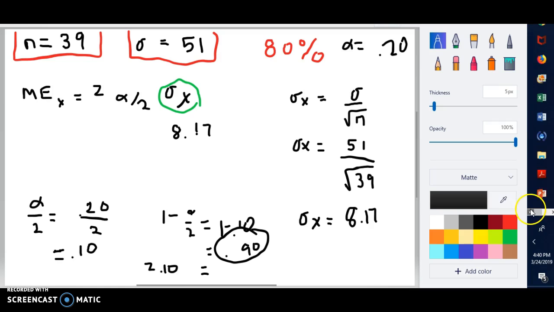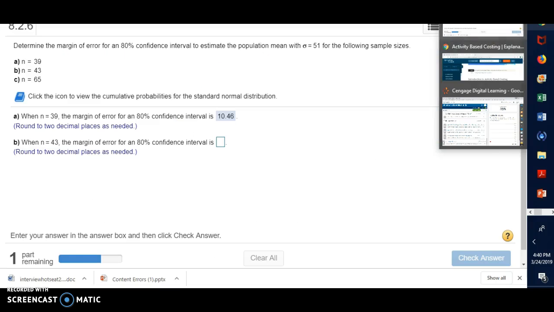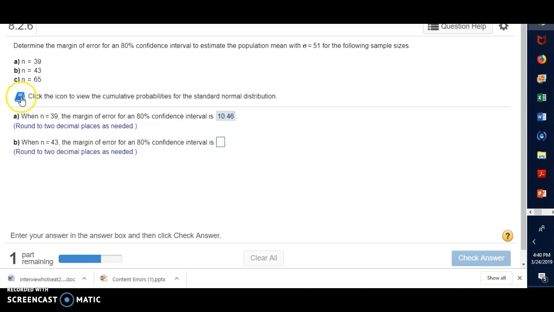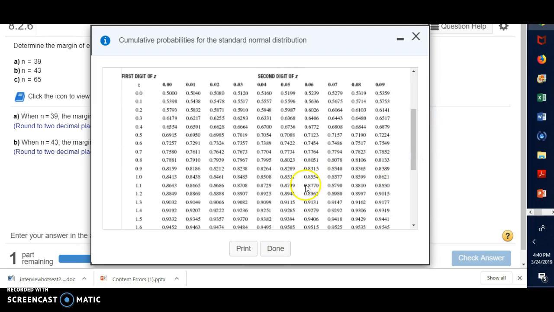So I'm going to go back to the actual homework problem and look at the table. And you got to go as close to 0.90 on the table. So here's 0.898 and here is 0.8997. So this is the closest.